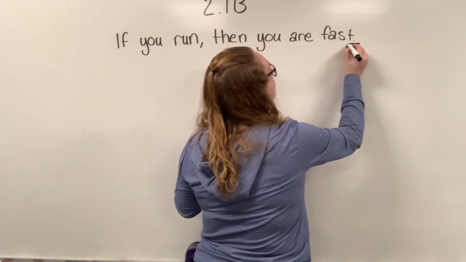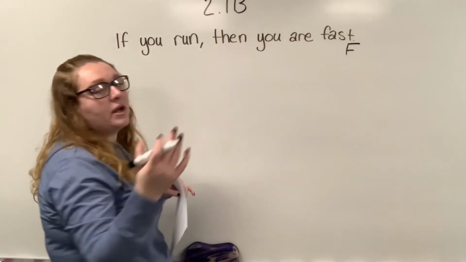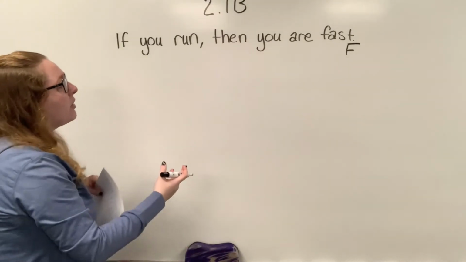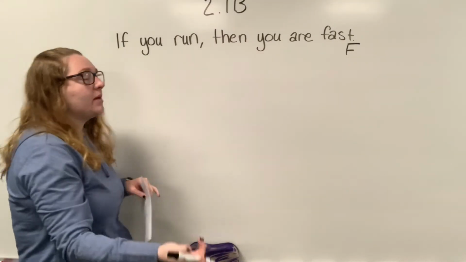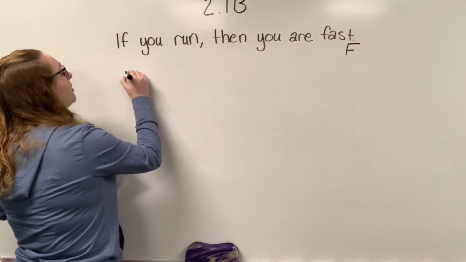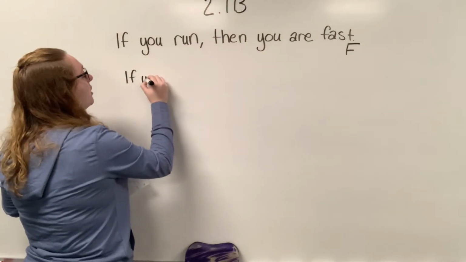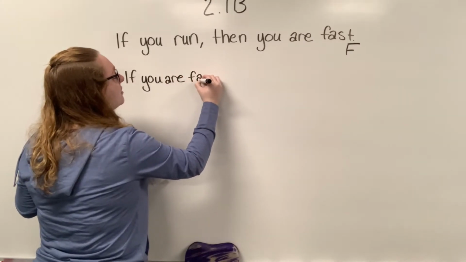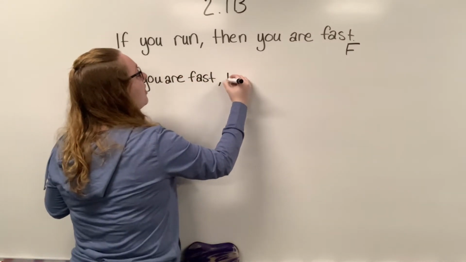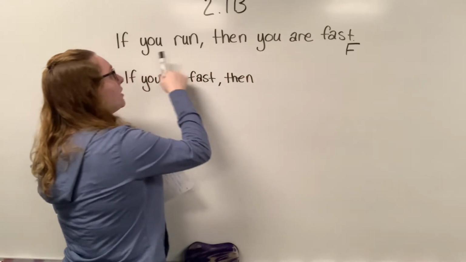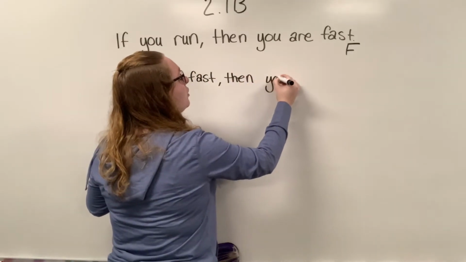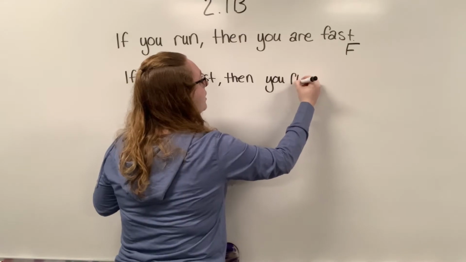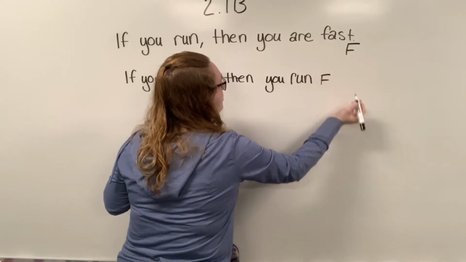So because this is false, we cannot write a biconditional statement, but we can still write our converse, where we flip them, okay? So we would write, if you are fast, comma, then you run, which is also a false statement.